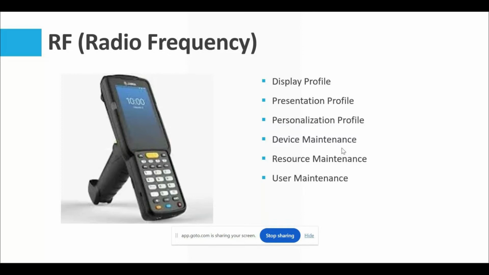Now, when we go into further sessions for RF, you will see that most of the RF application can be controlled through configuration. Definitely, there is programming logic required to be written for RF application, but it's kind of a 70-30 ratio. 70% of RF application would be the configuration part, and 30% would be writing the processing logic. So this is the major difference for RF application in warehouse management and extended warehouse management.